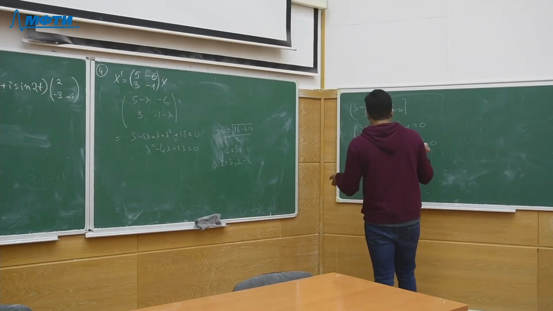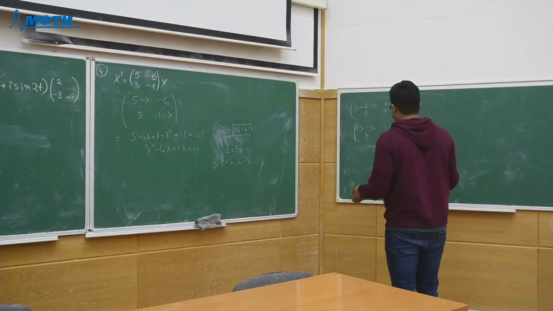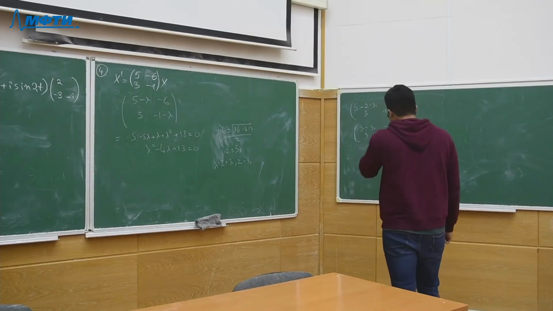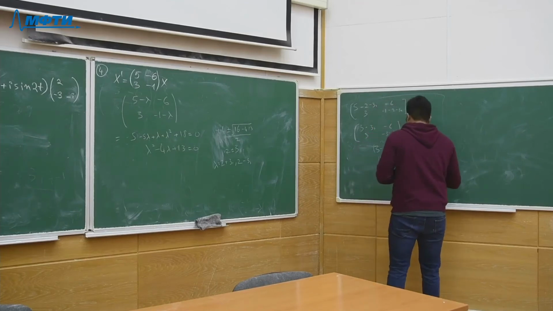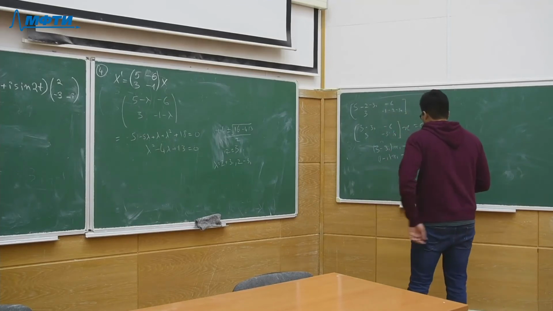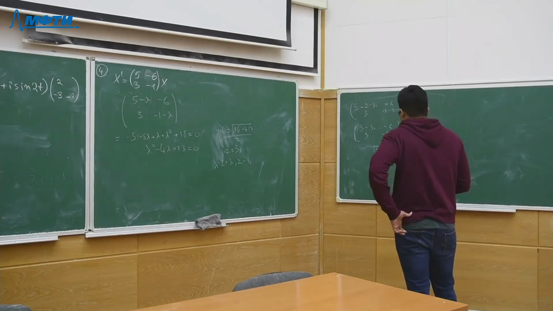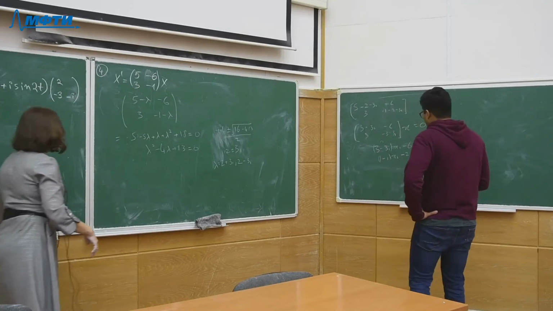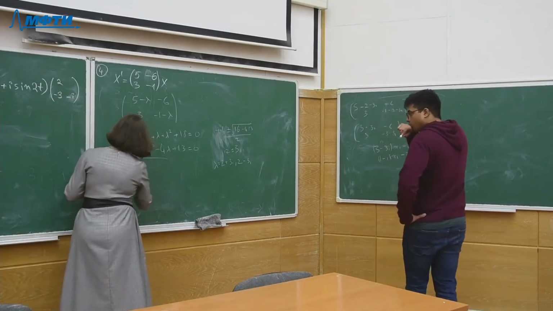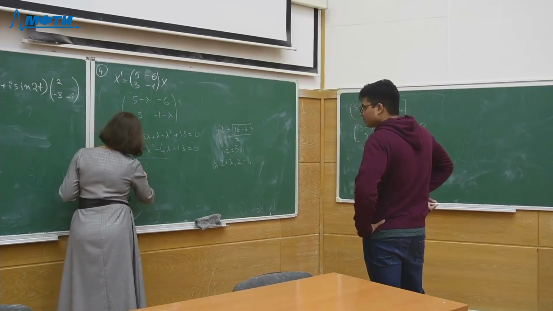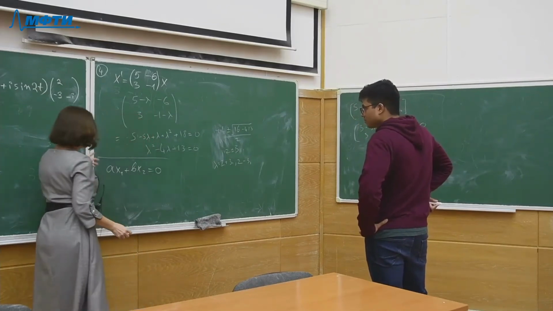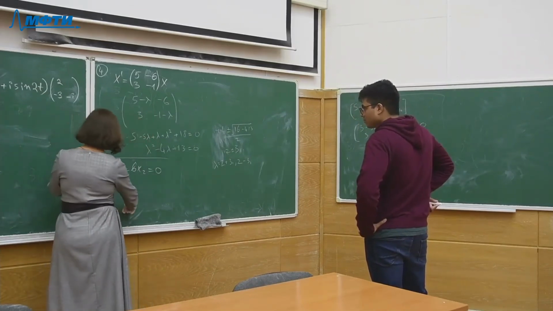How can I guess? I cannot guess. How to guess? So just first divide by 3. 1 minus i times x1 minus 2x2 equals 0. And the first idea is to switch two coefficients and change the sign. So if you want to solve something like ax1 plus bx2 equals 0, this equation is satisfied by the following vector.